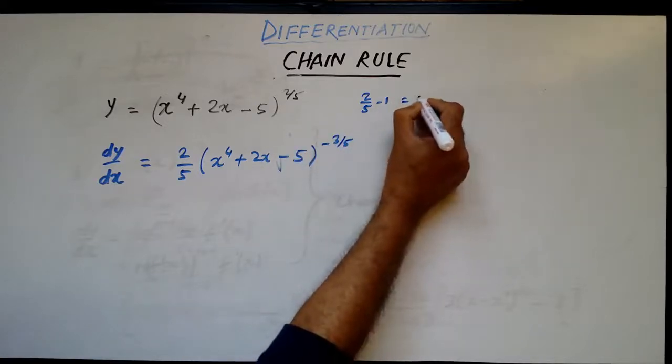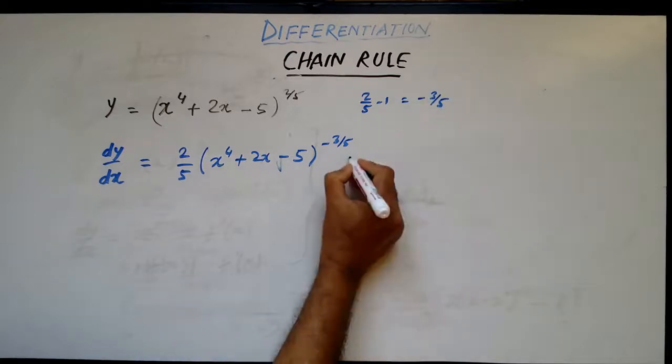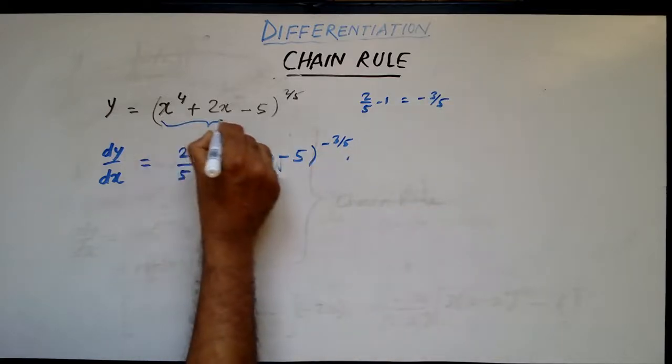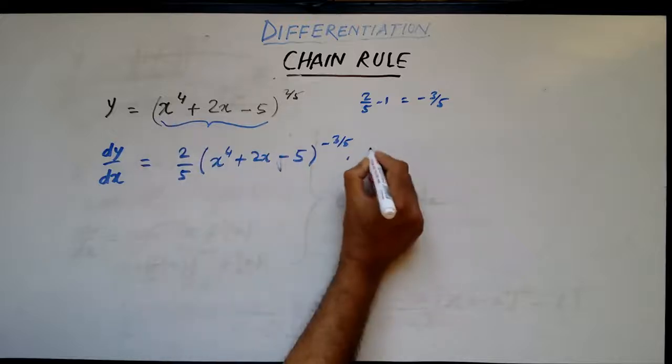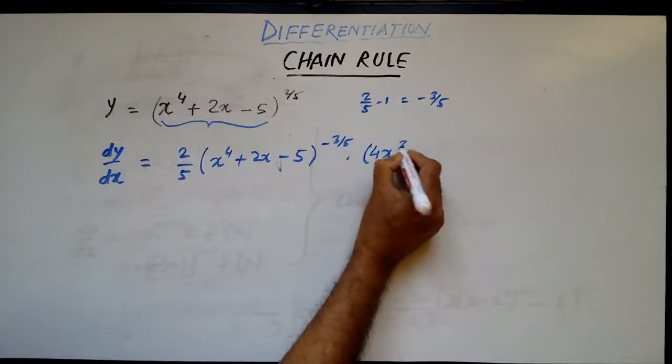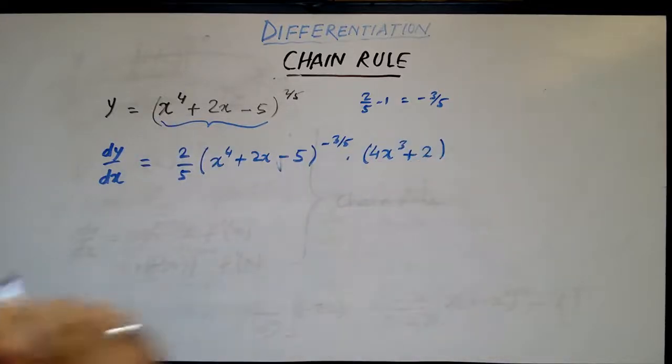This should be multiplied by the differential of this one. The differential of this one is 4x cubed plus 2.